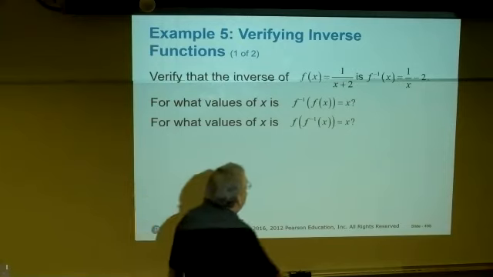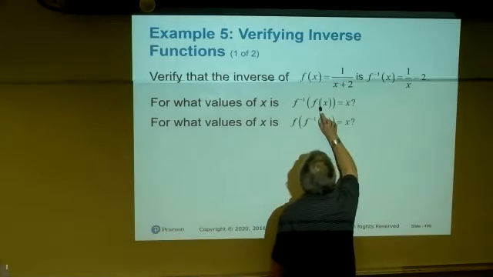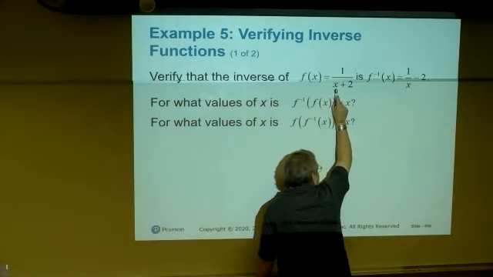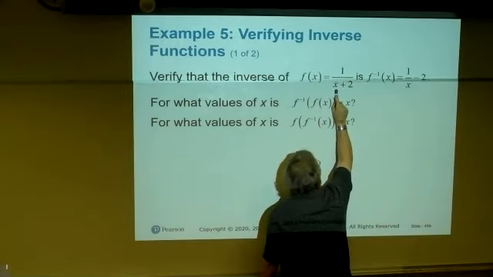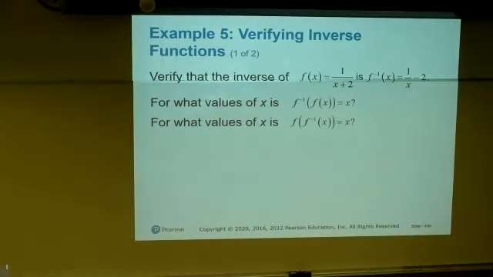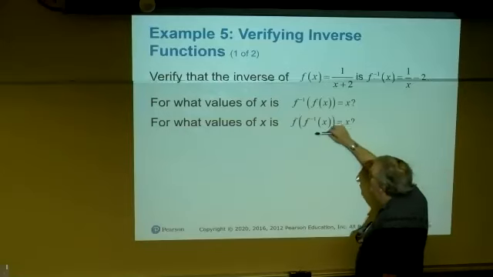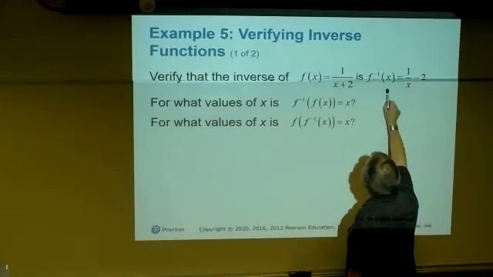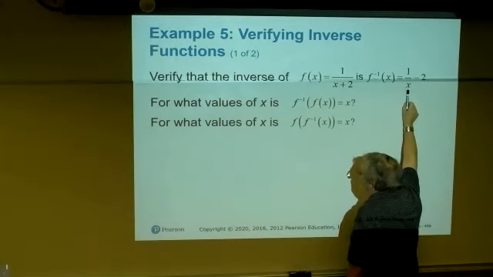So since f of x is the inside function, then x can't be -2 because -2 plus 2 is 0, and we can't have that. So this will be true for all real numbers except for -2. So x cannot equal -2. And something similar here, F inverse, we can't use 0.